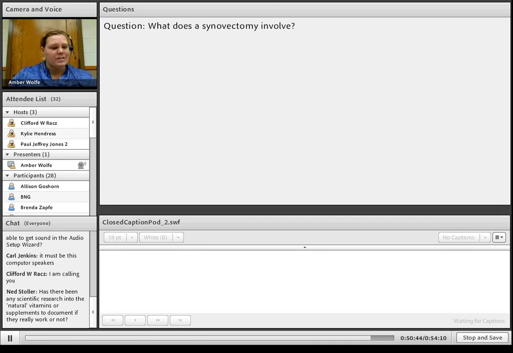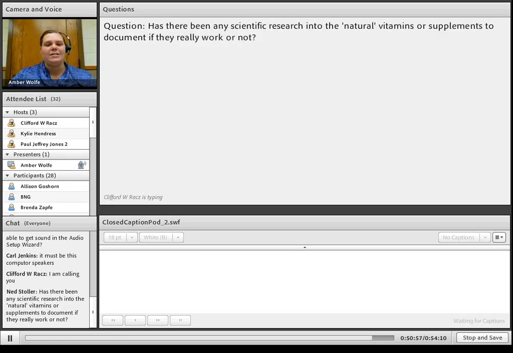The next question I see is, has there been any scientific research into the natural vitamins or supplements to document if they really work or not? The answer to that is yes and no. For some of the supplements like glucosamine and chondroitin sulfate, yes, there is extensive research out there. However, all of the research tends to still be a bit insubstantial. There have been research findings showing that yes, they do have a significant impact on pain relief and managing arthritis pain.